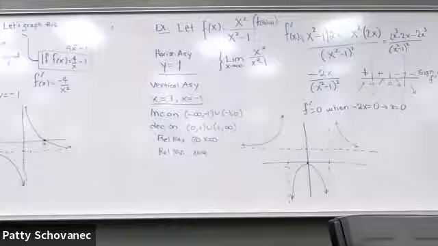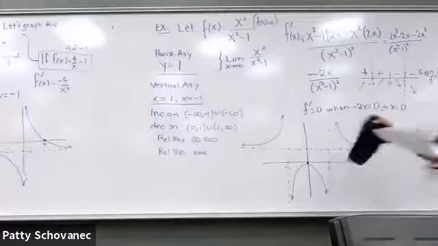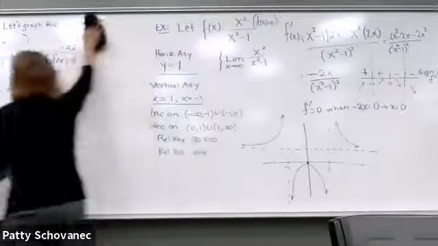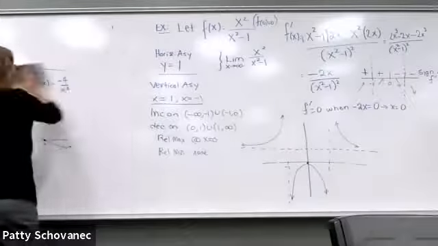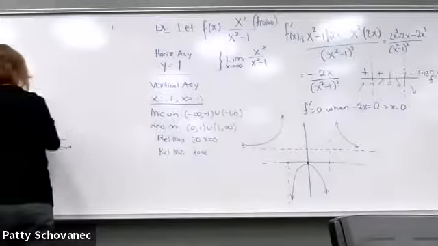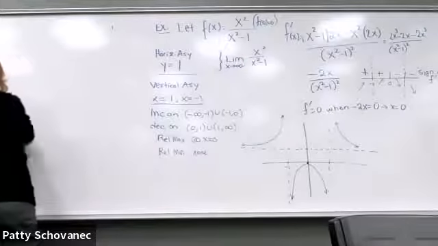Try this next one. Okay, I got a second one for you. The next one we're going to graph by identifying asymptotes, relative max and mins, increasing, decreasing.